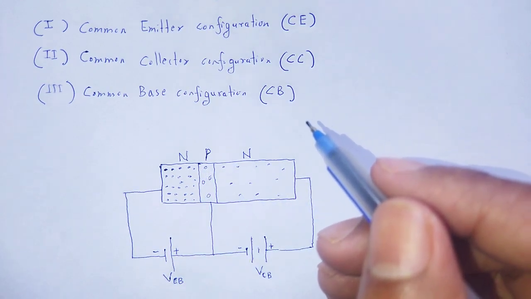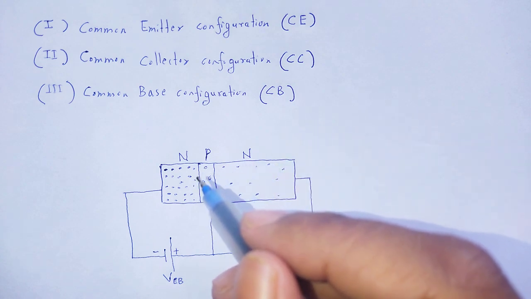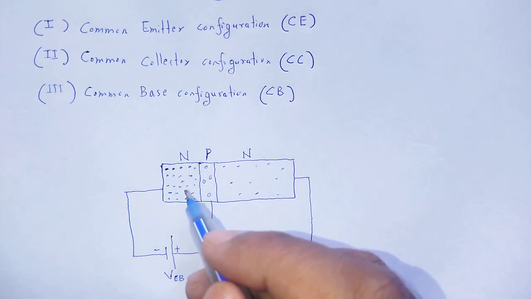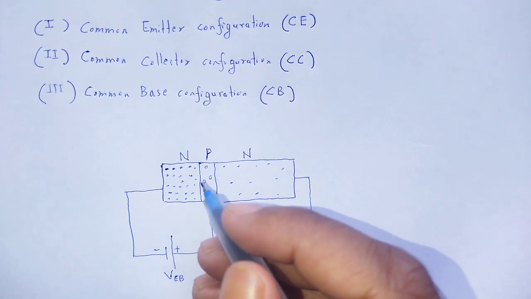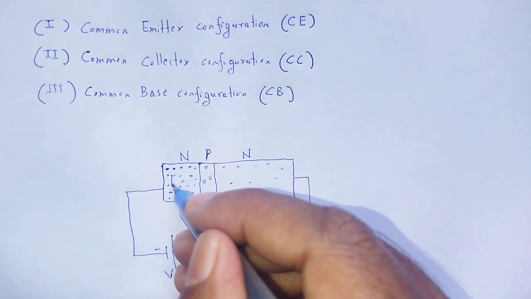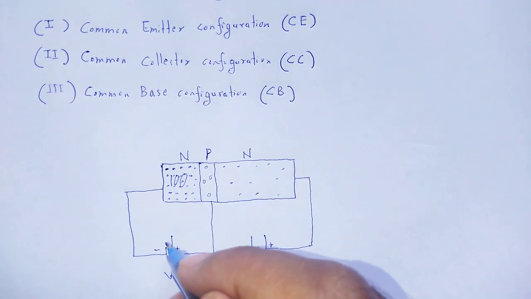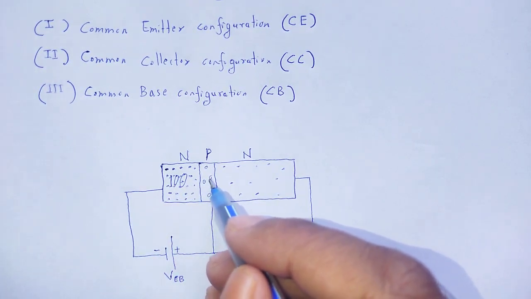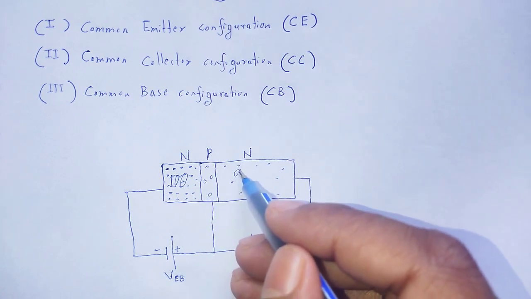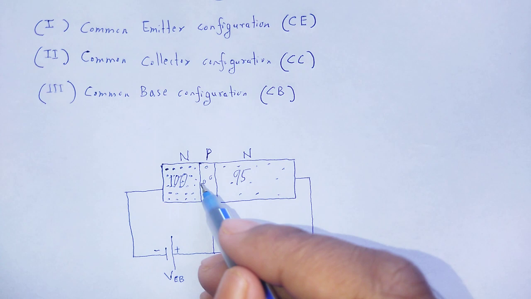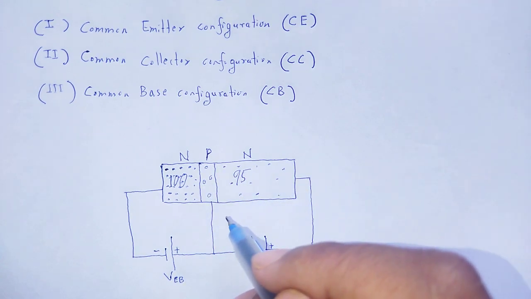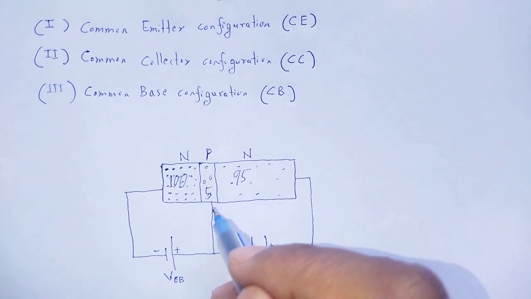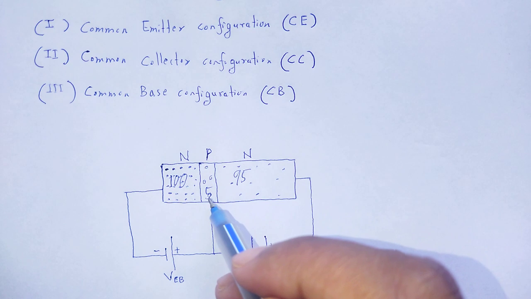Let us understand it by taking some numbers. If in N type there are 100 free electrons, from those 100 free electrons, let 95 free electrons pass to the N type, and 5 free electrons pass through the P type.